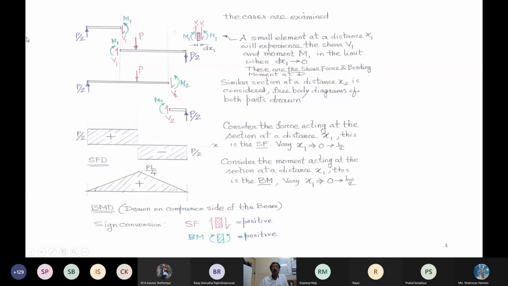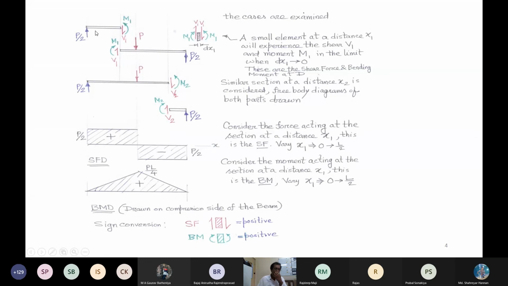Wherever it goes, it will remain. So taking moment of all the forces and moments about this point, M1 will remain. If I take moment about this point also, M1 will still remain. Taking moments about this point cancels V1, but not M1. But P2 has a distance, so it remains.